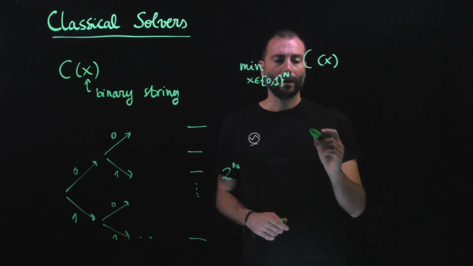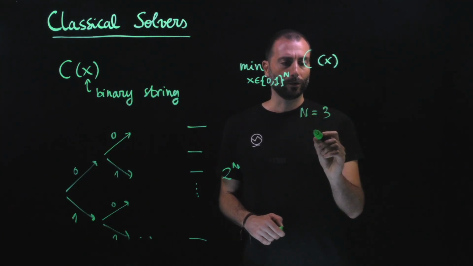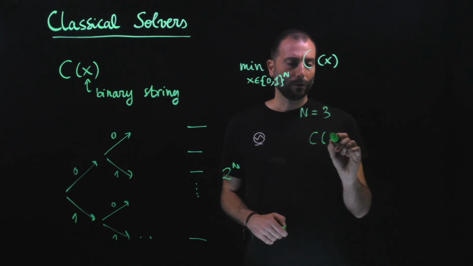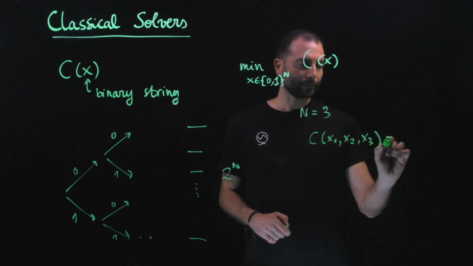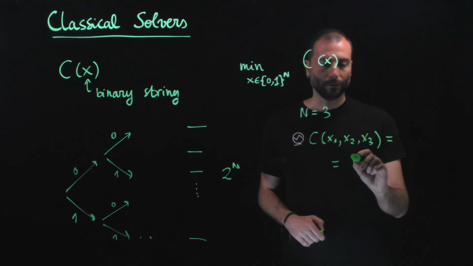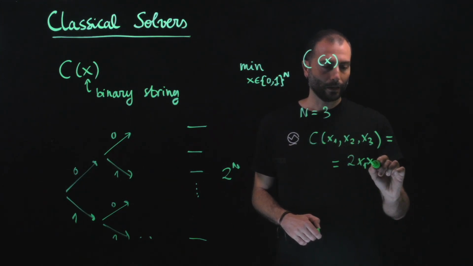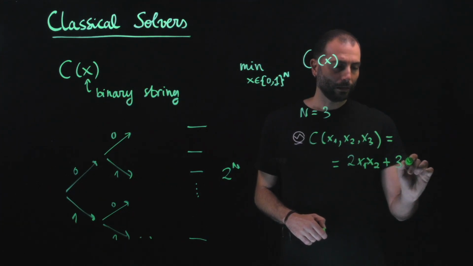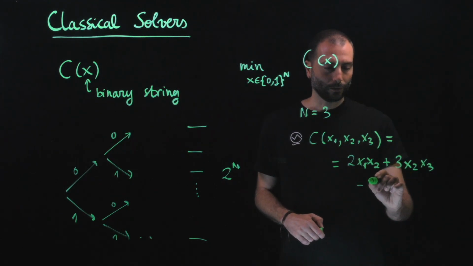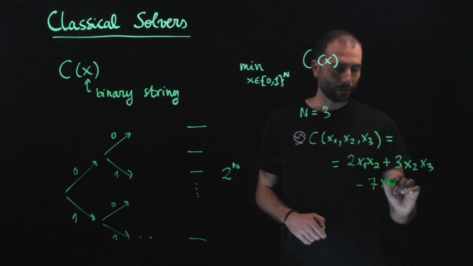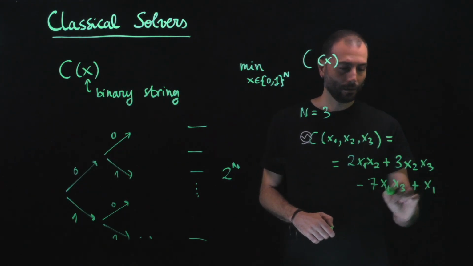Let's consider a problem for n equal to 3 and a QUBO formula that depends on 3 variables, x1, x2, x3, for example: 2 times x1 x2 plus 3 x2 x3 minus 7 x1 x3 plus x1, and so on.